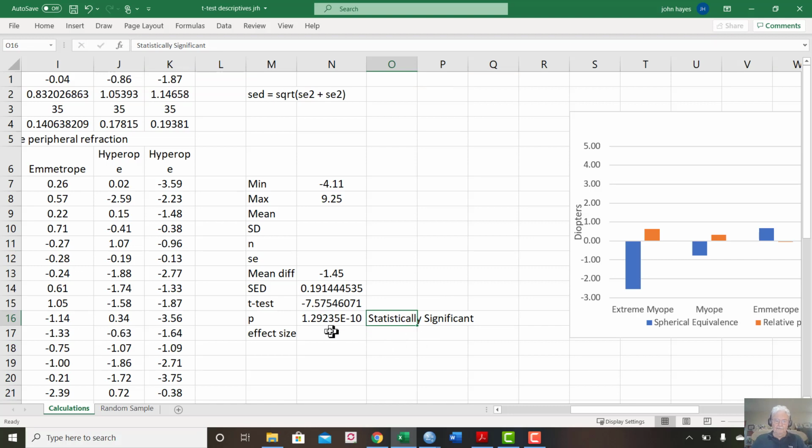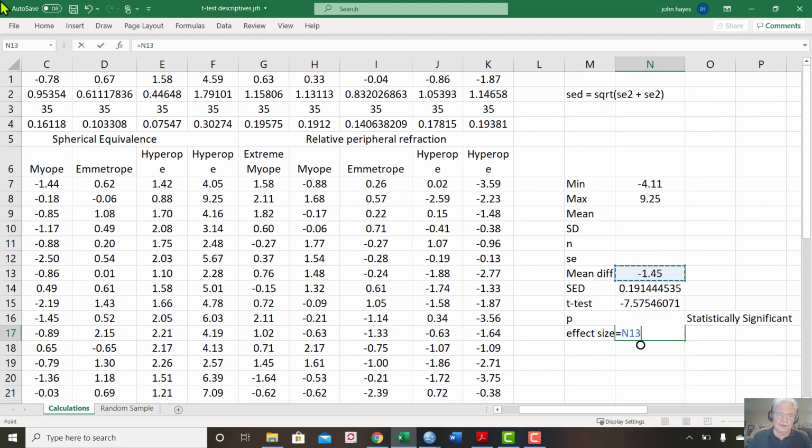All right, now let's calculate the effect size. What is the effect size? The effect size is the difference between means, the same one. You could also just do it again if you wanted to, subtract those two, but we're not going to do that.